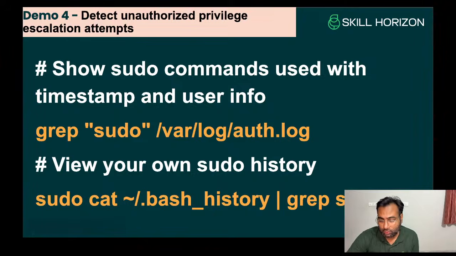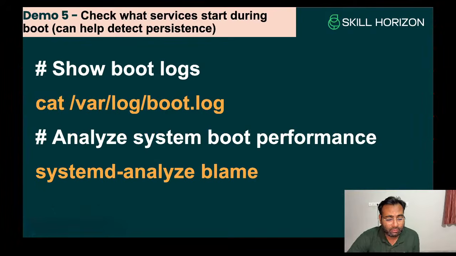So you can use grep, then sudo, and your file. If you want to see your own sudo history, you can run cat bash history and grep sudo. Basically we are checking the bash history file. Using this command, I'm listing the bash history, and then in this file I'm grepping for sudo. So you have to perform each and every activity here.